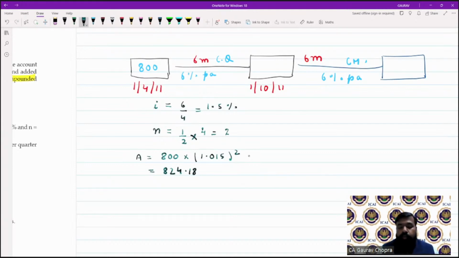So till now, what is happening? The person will receive 824.18 rupees on 1st of October. On 1st of October, the person is receiving 824 rupees.